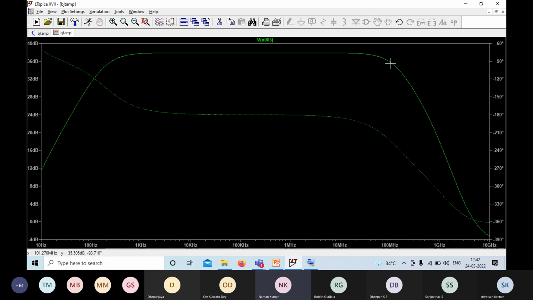Sir, I'm getting a bit different graph. Can you please show the AC sweep data we have entered?